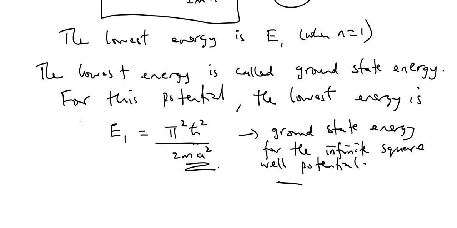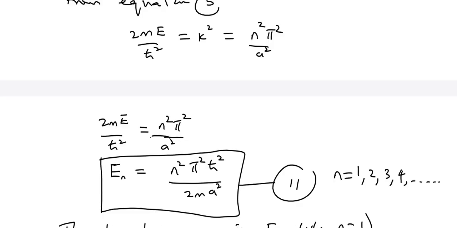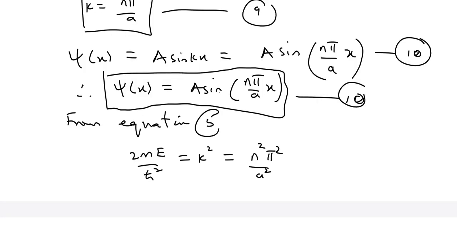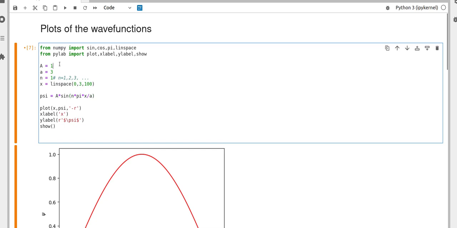potential. Alright, so let me show a plot of the wave function. That's this, A sin(n pi over a x). Let me show you a plot so that you see how you visualize the wave function. I've written a very simple Python script here.